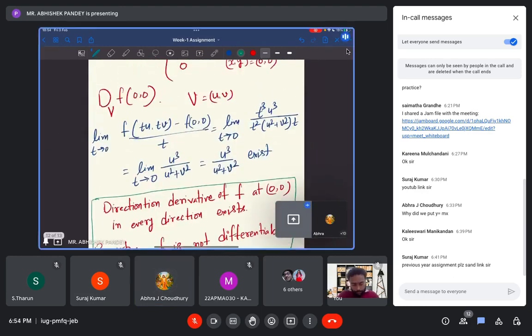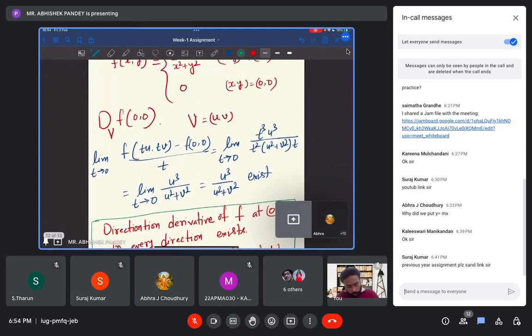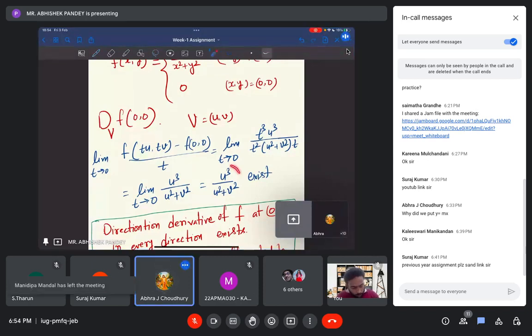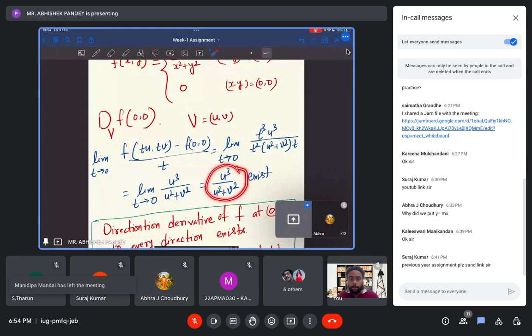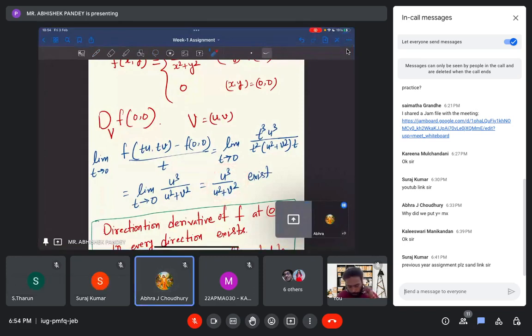Because here we have chosen this v as u comma v, and once you apply the definition and take the limit, it goes to u cube upon u square plus v square, and this will always exist except when u square plus v square equals 0, which is not the case when u comma v is non-zero, isn't it? So this will always exist. Okay, sir. Yes, sir.